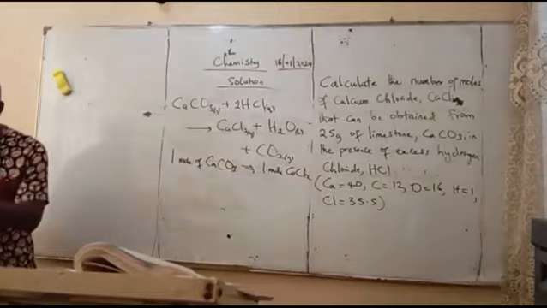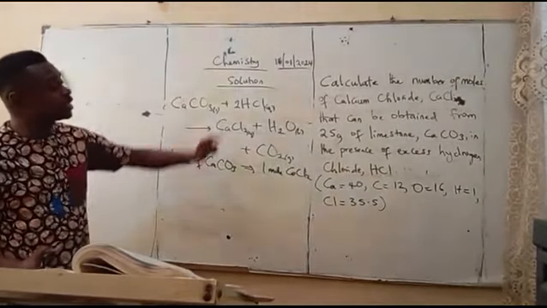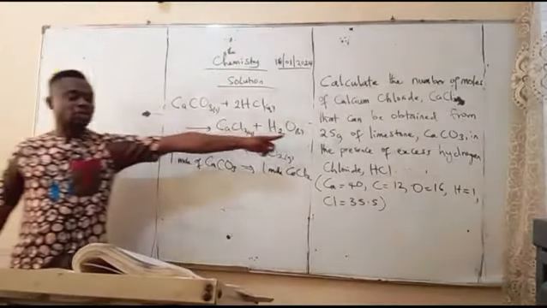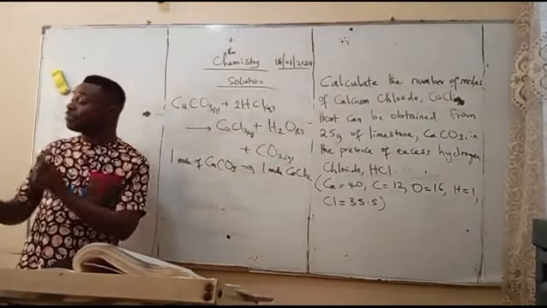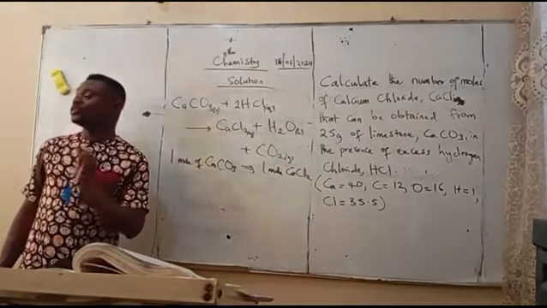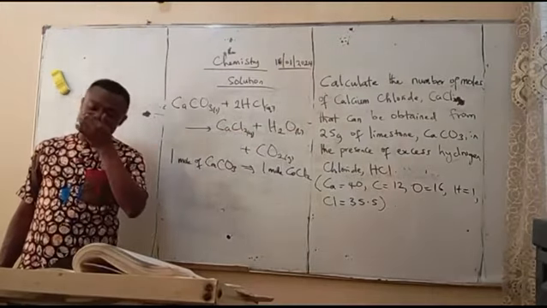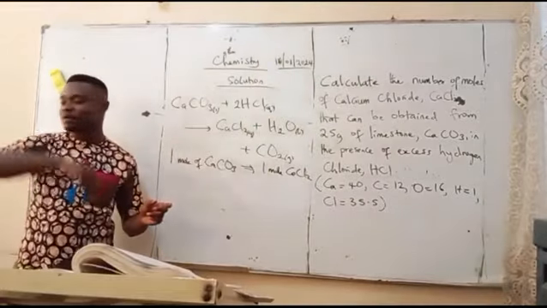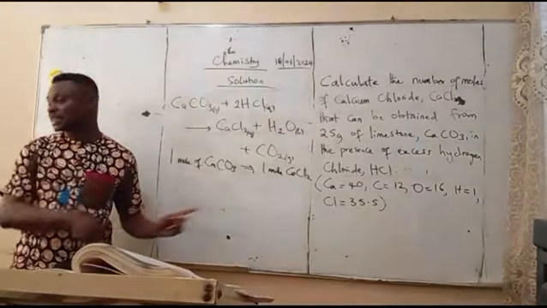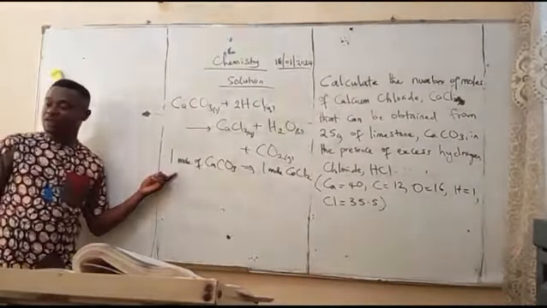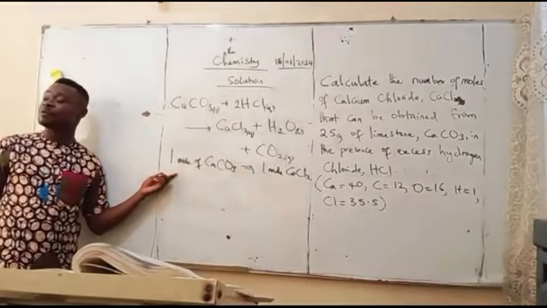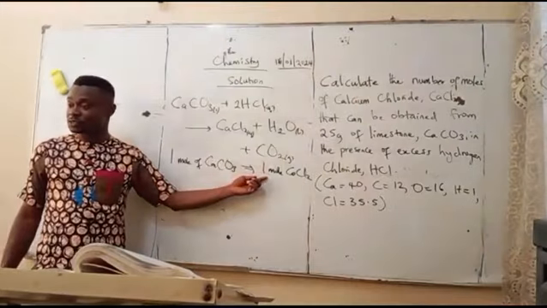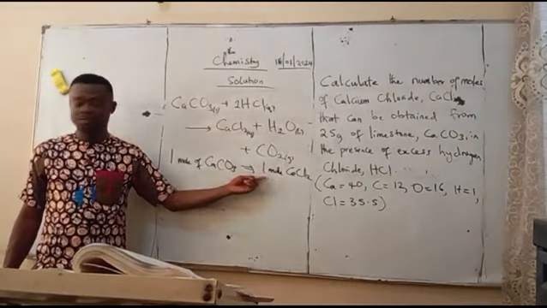The question says we should calculate the number of moles, but we are given the mass of limestone. Remember, you are writing JAMB, so try as much as possible to take steps that avoid beating about the bush before you get the answer. 1 mole of calcium carbonate yields 1 mole of calcium chloride, right?